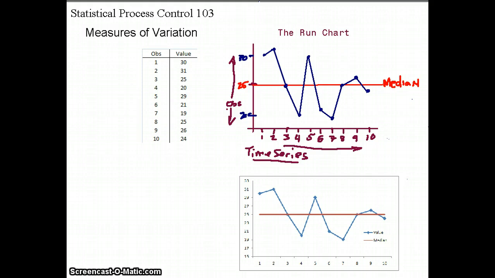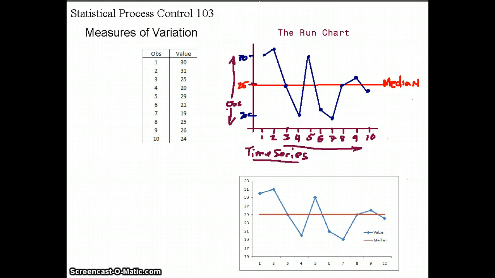So we have our run charts. These are two run charts using the same data, one done by hand and one done by Excel. It's useful using the rules of run charts to tell whether our process is in control, but we really don't have any notion about the capabilities of our process.